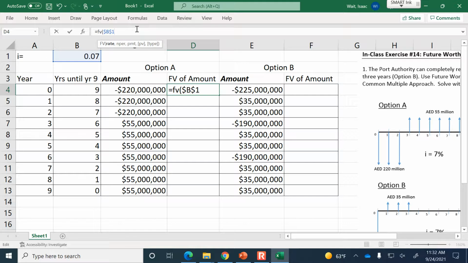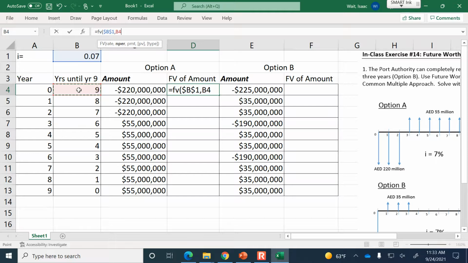Okay, so anchor the reference to the interest rate, comma, number of periods. So it's asking how many periods is the amount going to be compounded into the future. And you may be tempted to click on 0, but that would be a mistake, because what we really want to do is we want to take this $220 million 9 years into the future. So that's why we click on this reverse time column cell.